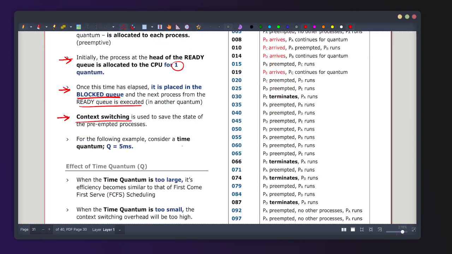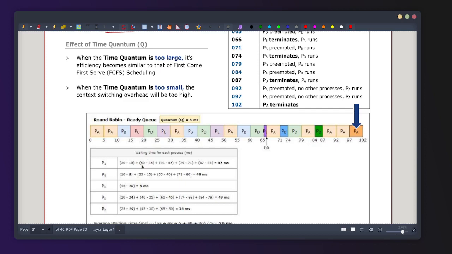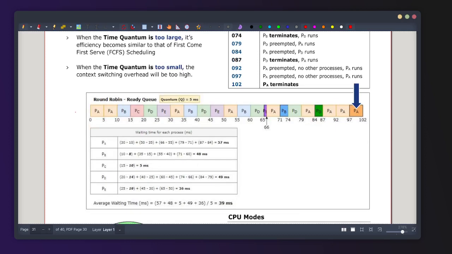For the following example, let's consider that the time quantum is 5 milliseconds. Let's imagine what happens. In this diagram, process A arrives first. Process A gets exactly 5 milliseconds in the CPU. But then what happens? At 5 milliseconds, has any other process arrived at the CPU? No, right?